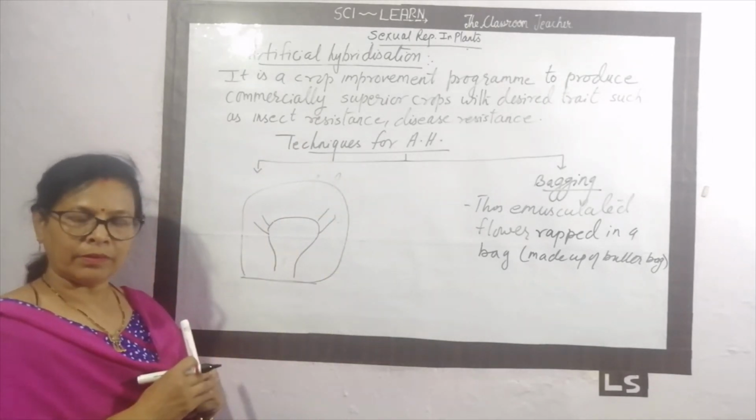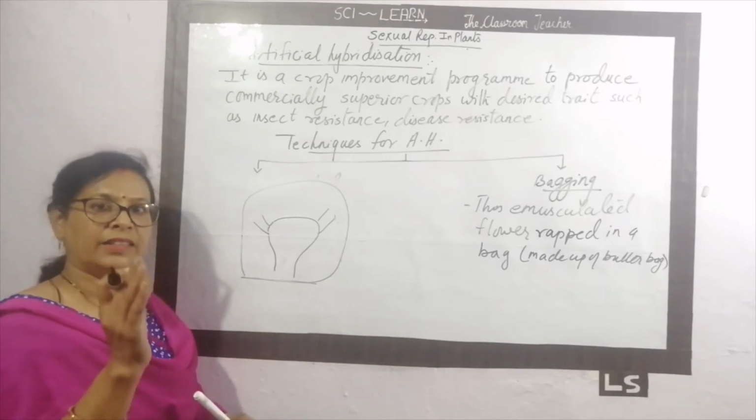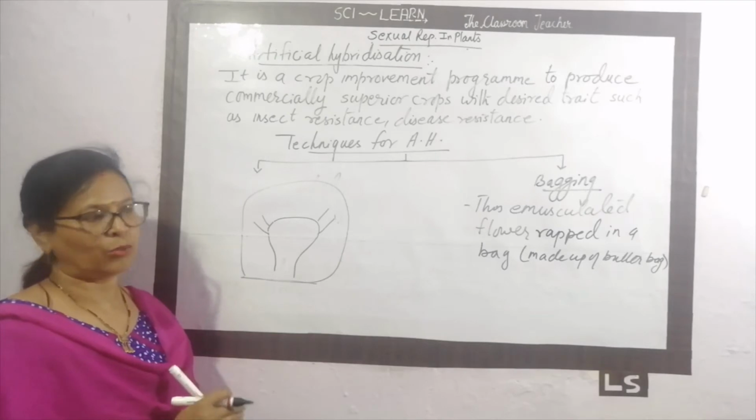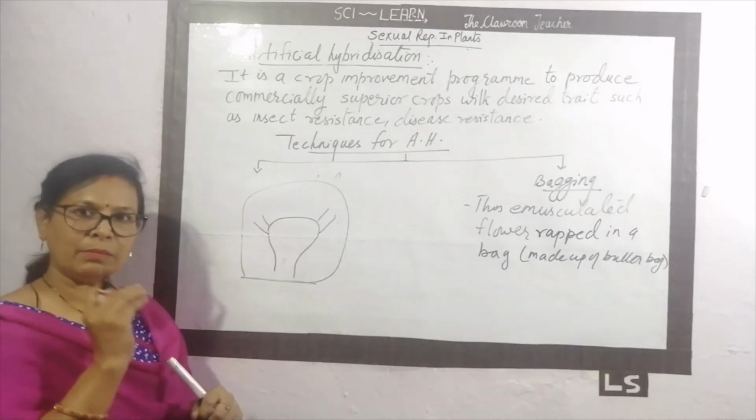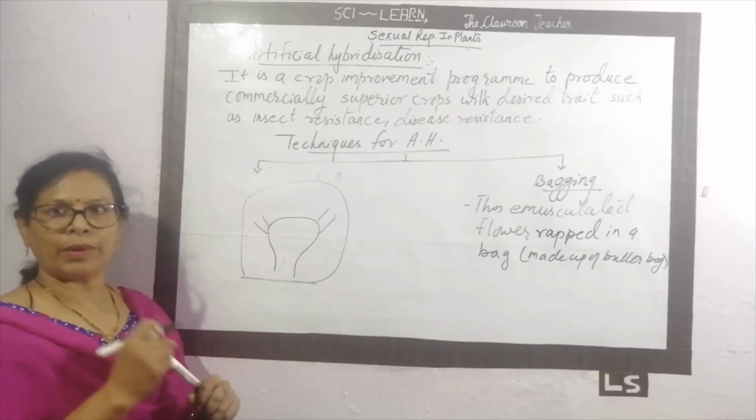So the seed which is produced contains the desired traits. The flower is emasculated, then wrapped with a bag made of butter paper.